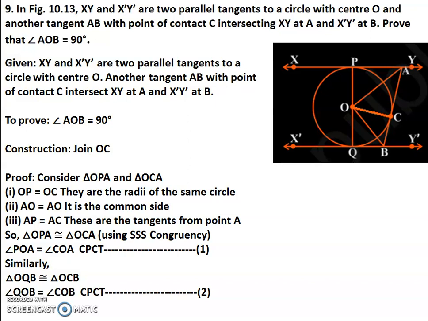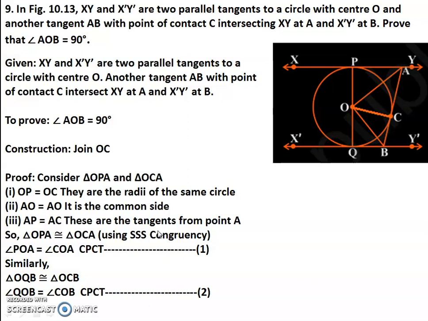The lengths of the tangents from an external point to a circle are equal. Using that, we can say that AP is equal to AC. So, you have proved triangle OPA is congruent to triangle OCA using SSS congruency.